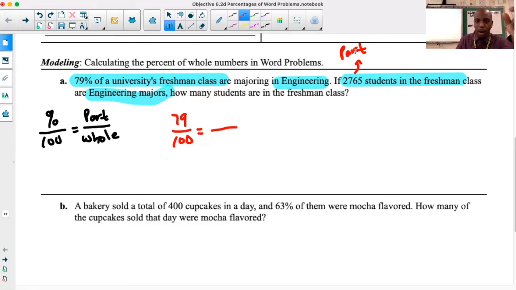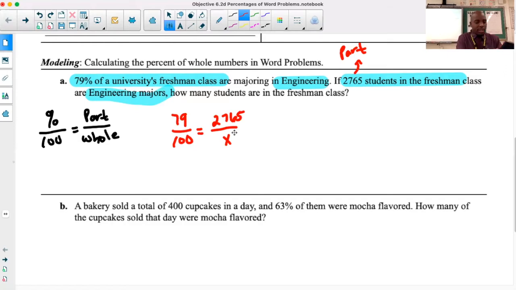So since that's a part, that means we have to find the whole. So what I'm looking for is the whole, and I'm going to put a variable X on the bottom there. Now that I put a variable X on the bottom, I need to solve this. Notice, ladies and gentlemen, and I'm going to say this very clearly, I am not going to turn 79% into 0.79 and then multiply that by 2,765.